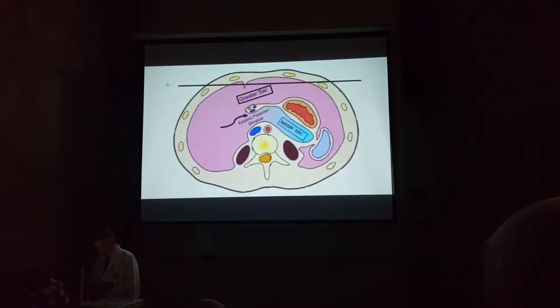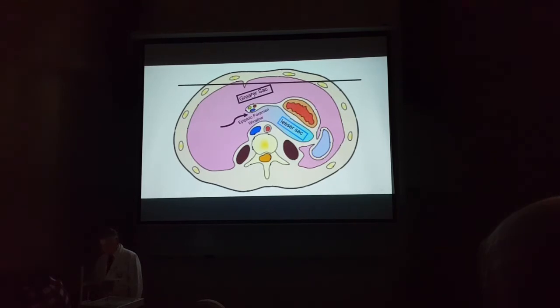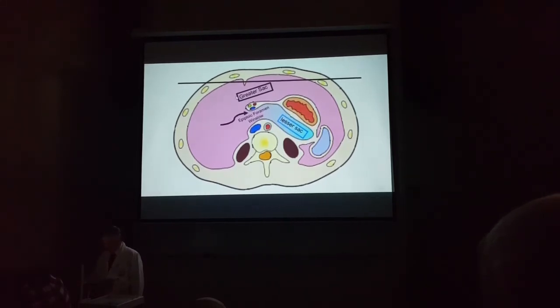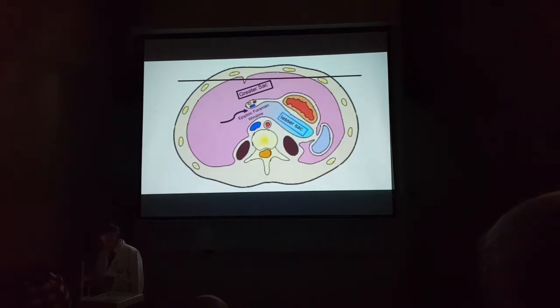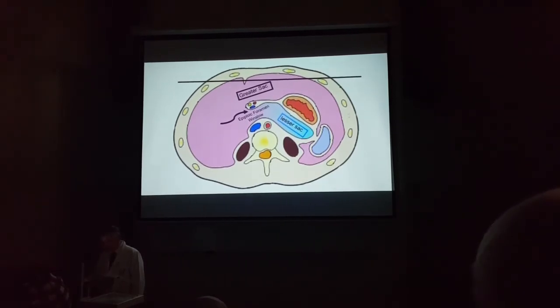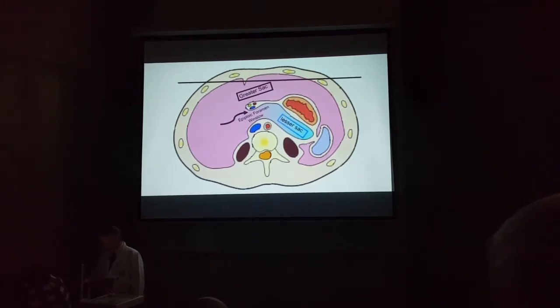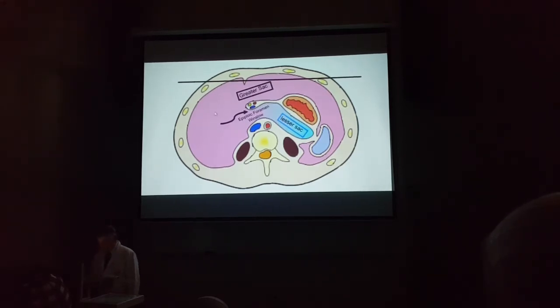Now, when you open the abdominal cavity, you are in the greater sac. The next in size is the lesser sac. It is a space behind or posterior to the stomach, but still connected.